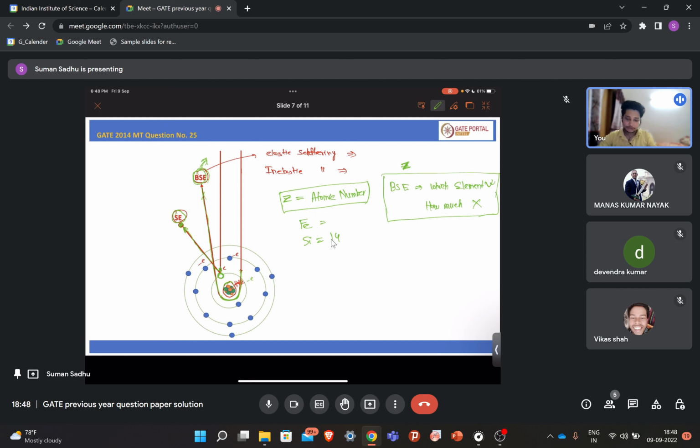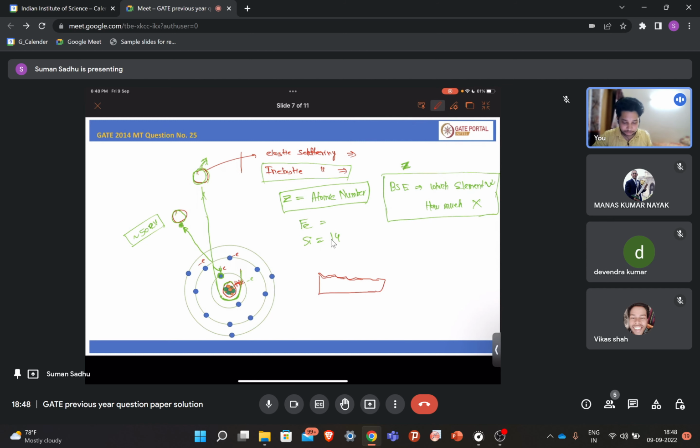This secondary electron occurs because of the inelastic scattering, and also the energy of the secondary electron is very low, near about 50 electron volts. So its energy is very low, meaning it can only come out from very near the surface. Let's say this is the surface of the sample, so it can come out only from a very thin layer of the surface. From the bulk it cannot come out.